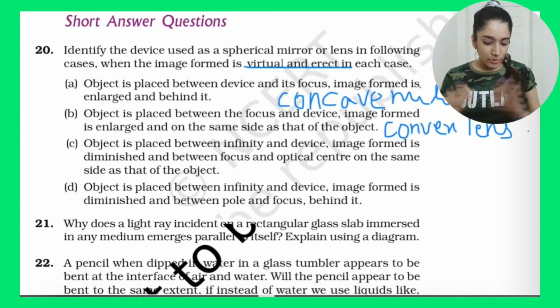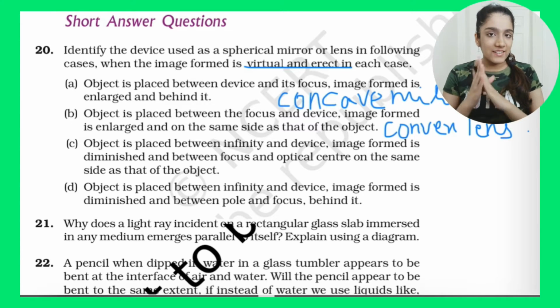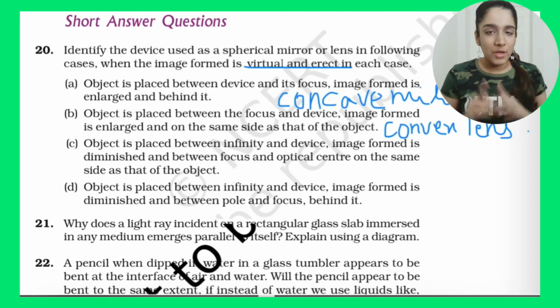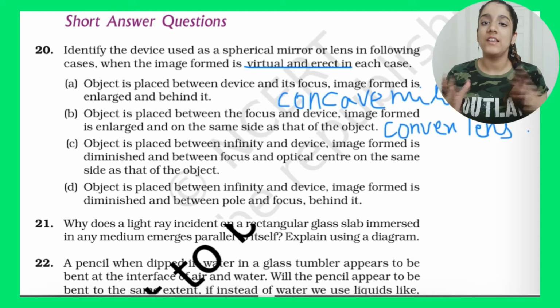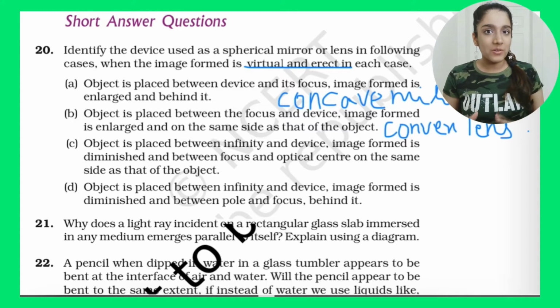Now let's move to C part. Object is placed between infinity and device. Image formed is diminished between focus and optical center and on the same side as that of the object. So let's go by the first step. First step is to check whether it is a lens or a mirror. And they have told us that the image formed is on the same side.